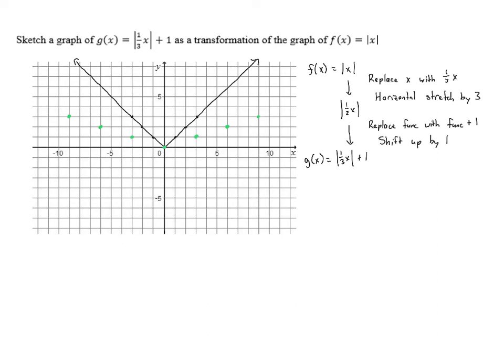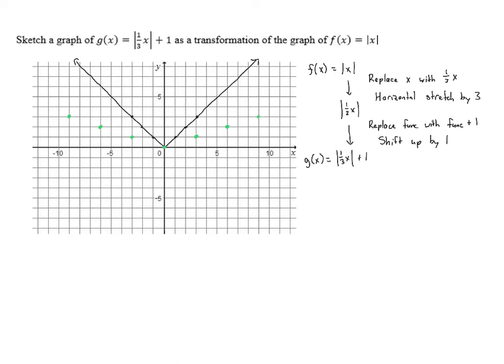We're not going to do that here because we want to keep everything as it is. We want to think of this as a horizontal stretch by a factor of 3. But it is true in certain functions that a horizontal stretch is the same as a vertical shrink. It really depends on the shape of the function, though, and this isn't always the case.